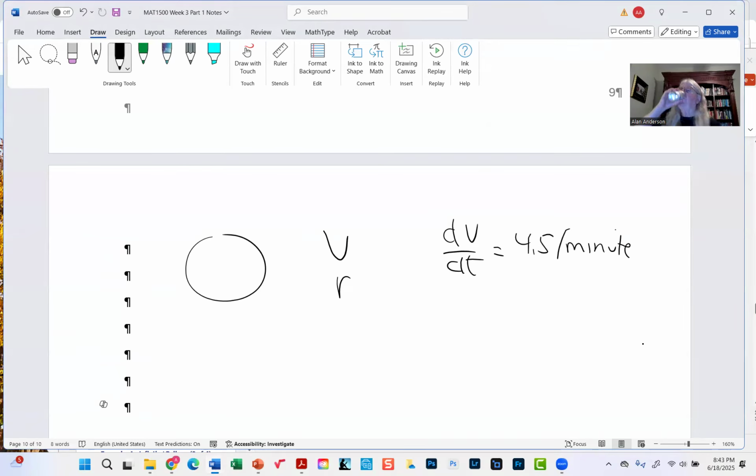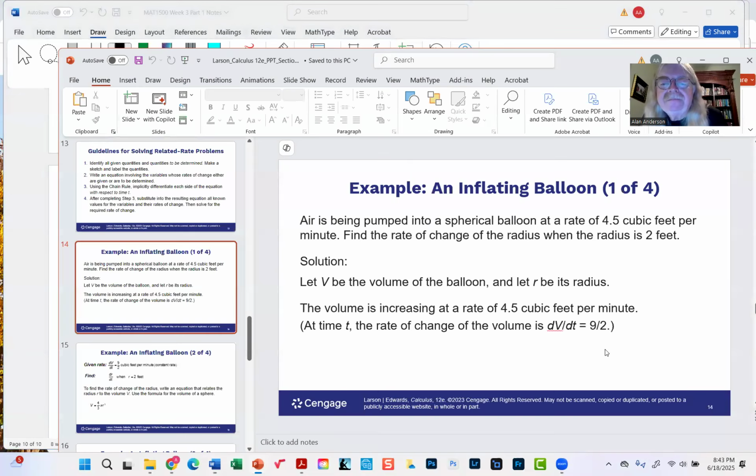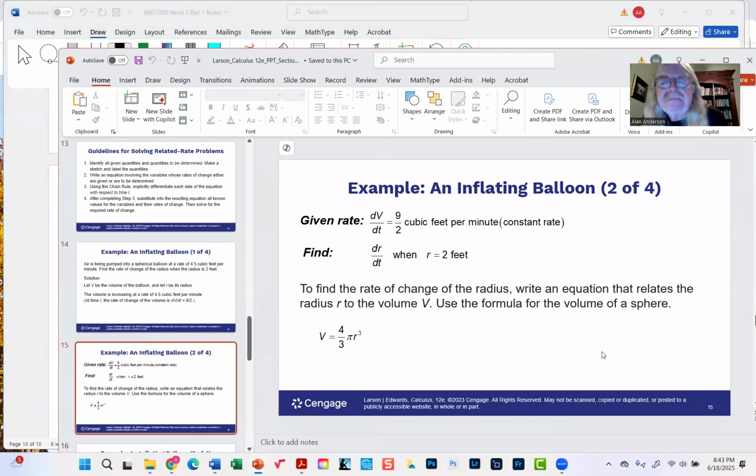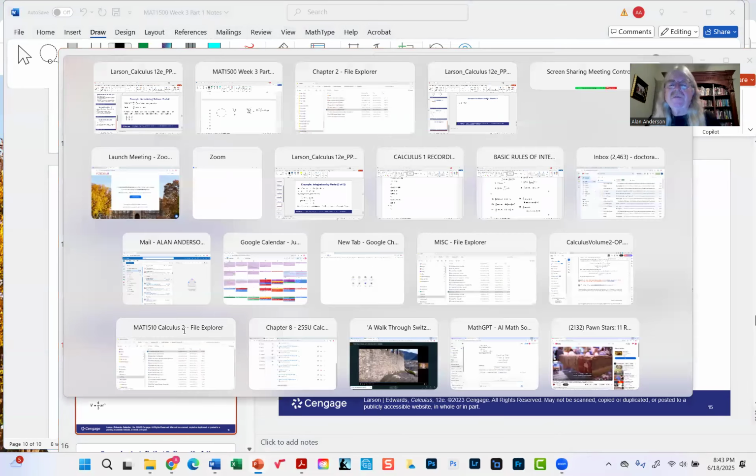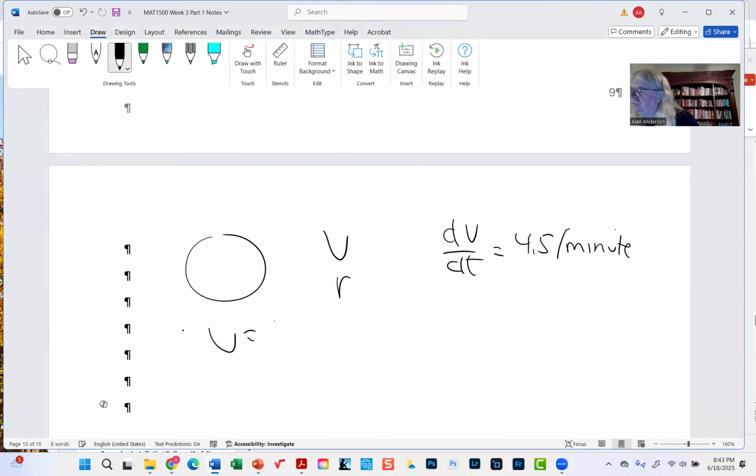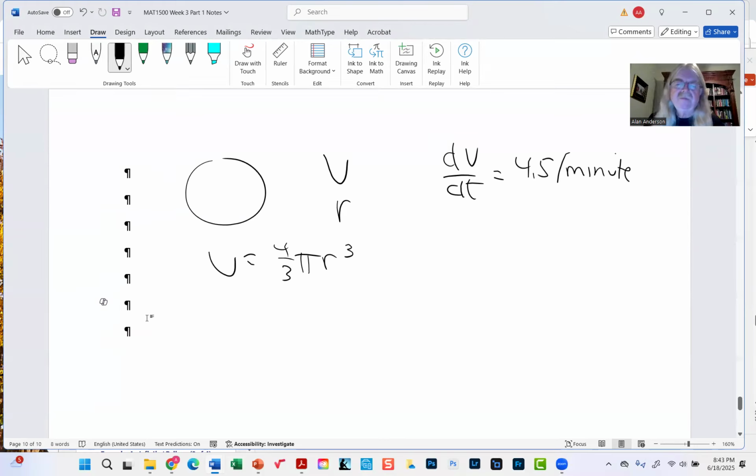So what do they want to know? Find dr/dt. All right, great. They're reminding us here that the volume of a sphere is 4/3 pi r cubed. So we're going to differentiate this with respect to t. And notice again, t is not actually shown here separately.